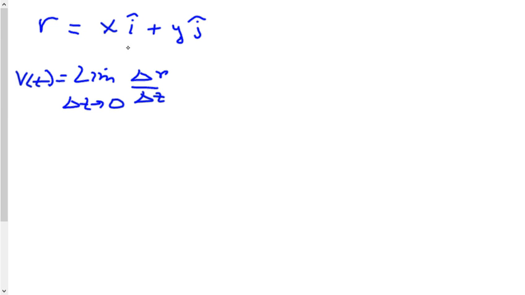So what do we have now? x and y are going to be involved with this position vector, so it won't just be a dx/dt, it's also going to be a dy. So we're going to write that as dr/dt.